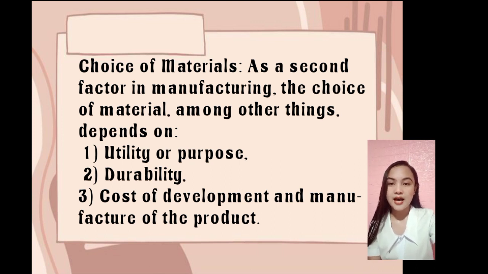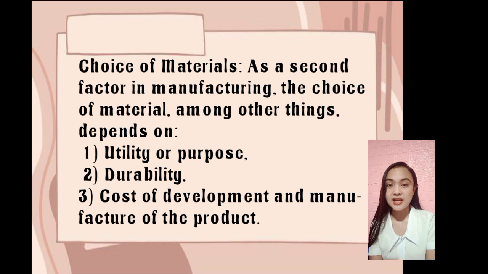And the next one is the cost of development and manufacturing. Before undertaking to develop a particular product, the management must be able to envisage a return on the product that is commensurate with the cost of development.